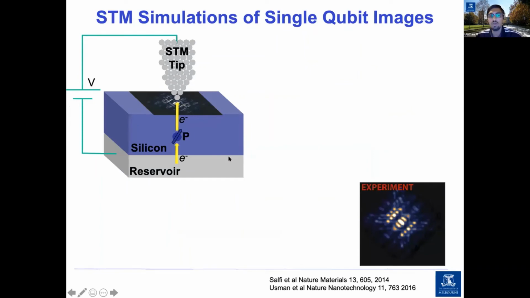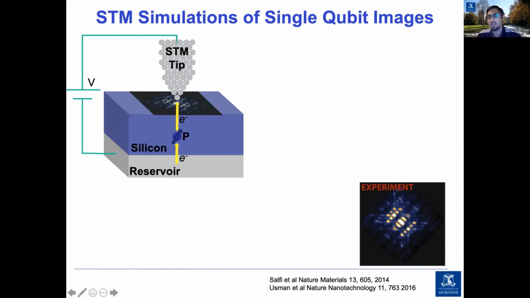So we started working with our systems. Professor Sven Rogge's team has developed this experiment where they can bring an STM tip near a phosphorus atom a few nanometers below the surface, and they can actually tunnel one single electron through this phosphorus atom to the STM tip. And when they move the STM tip on top of the surface, they get a very beautiful image.